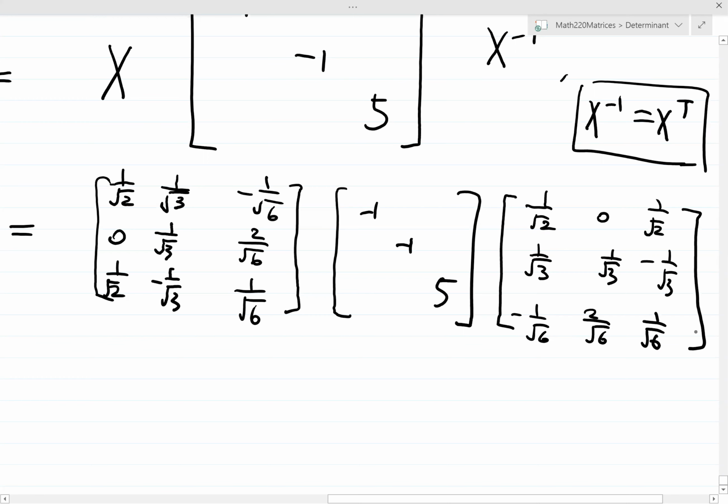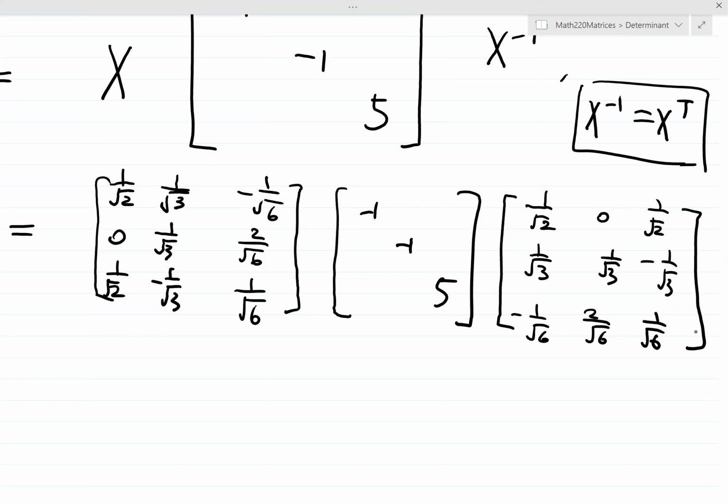Now we can finally diagonalize this matrix A. Now remember, be careful: the form in which we diagonalize a matrix is not unique. You can get different forms of the diagonalization.